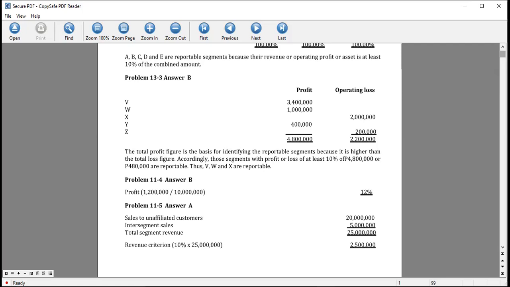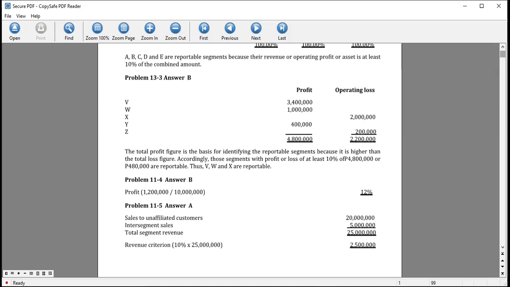That's the profit. And we have this segment information. We have the profit of 1.2 million. So Macbeth Company, an entity based on a recognized stock exchange, reports operating results from a North American division to the chief operating decision maker.